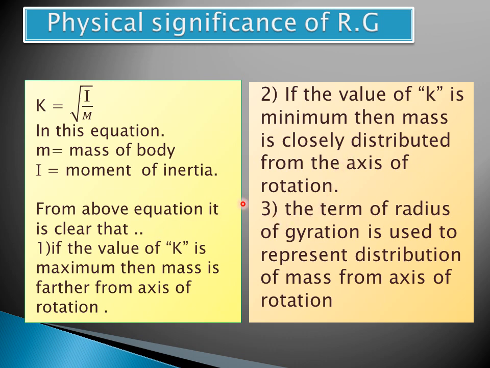From point 1 and point 2, it is clear that the term of radius of gyration is used to represent distribution of mass from axis of rotation. If the value of k is maximum, then mass is at long distance, and if the value of k is minimum, then mass is situated near to the axis of rotation. So remember these 2 points.